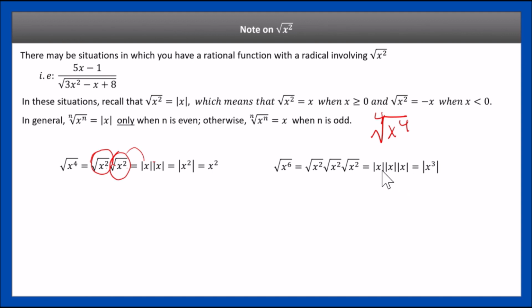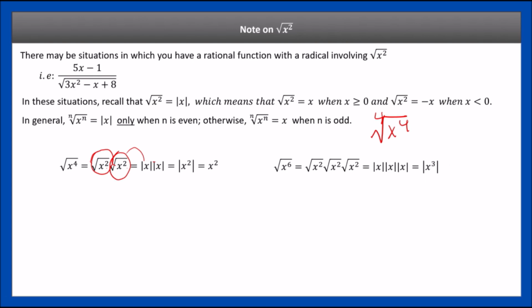But when we have three absolute values, now we get x to the third power, and x to the third power can be a negative quantity. So it does matter that we include the absolute value, because we want this quantity to be strictly positive. And so it has to be an absolute value. Whereas here, it's going to be positive anyway, so you don't have to include the absolute value. Here, it could potentially be negative, so we want to avoid that.